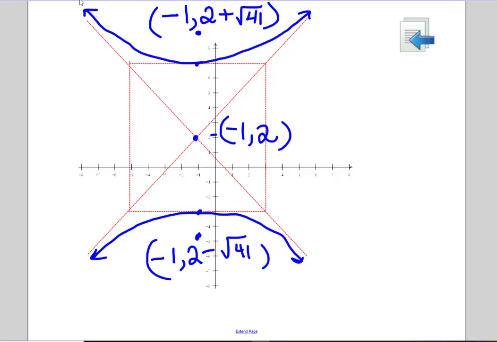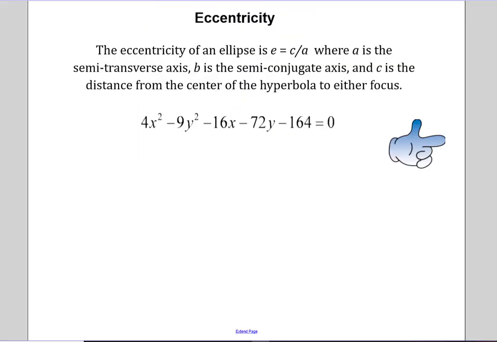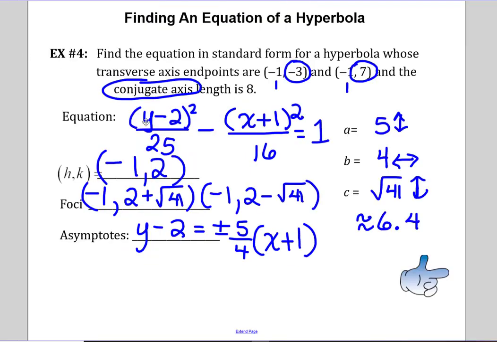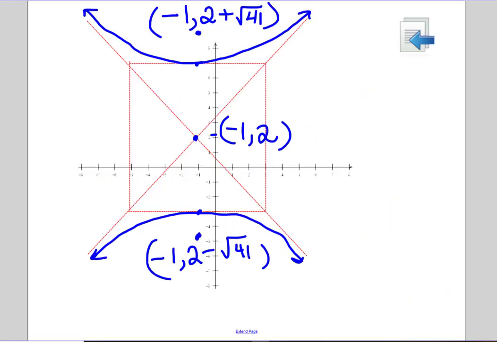So I had to put my y minus k and then the x minus h. So y minus k was 2, and x minus h was -1. Then the a value squared and the b value squared. So you've got to be very careful on hyperbolas not to mess that up. It's different than the ellipses.